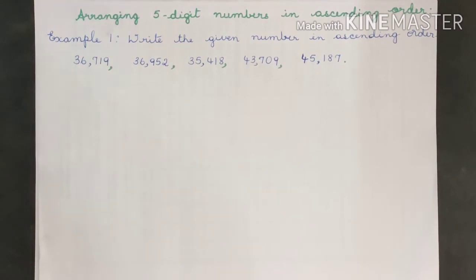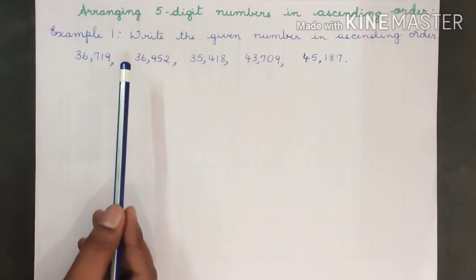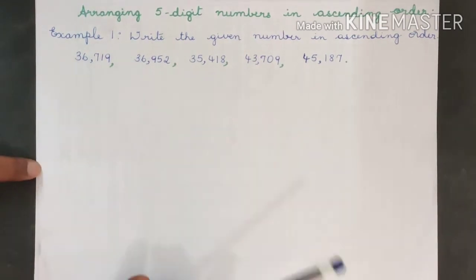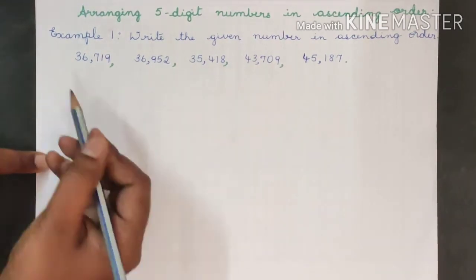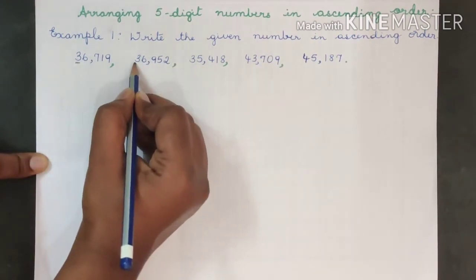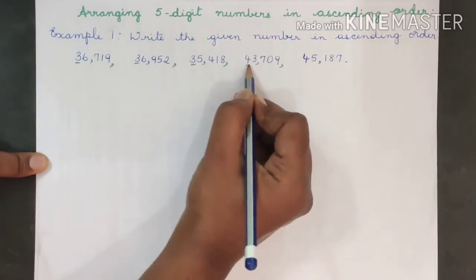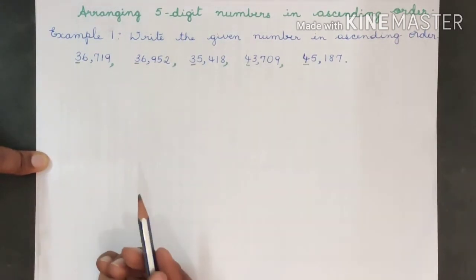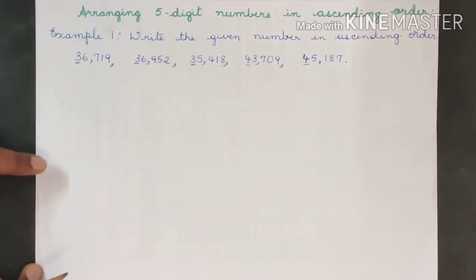So by default, the highest place is of 10,000s. Comparing the numbers in 10,000s place, we get 3, 3, 3, 4 and 4. So we know that between 3 and 4, 4 is greatest, 3 is smallest.